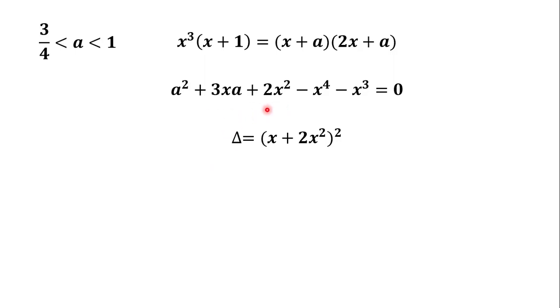Now we can find the roots of this equation by using the quadratic formula. a is equal to minus 3 times x plus or minus (x plus 2x squared) over 2. So we have two expressions for a.